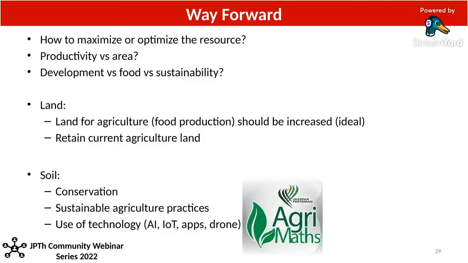Precision agriculture includes the use of sensors, so we put fertilizer where it's needed. For sustainable agriculture, we can adopt the 4R principle in fertilizer management, which is we give the nutrient at the right time, right source, right place, and also right rate. Besides, we can also do soil conservation to ensure the quality and health of the soil.